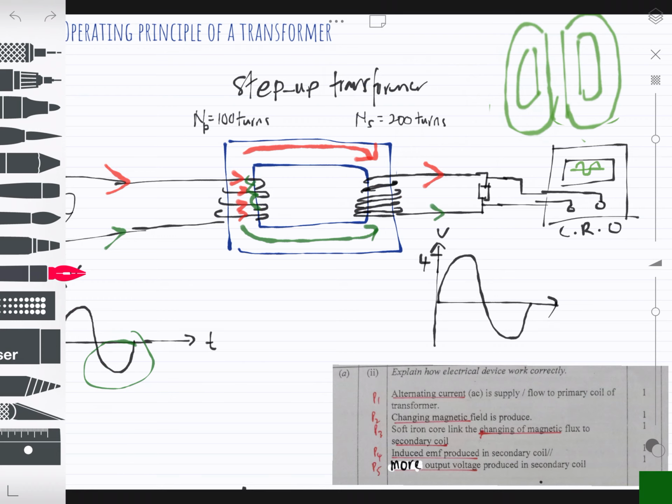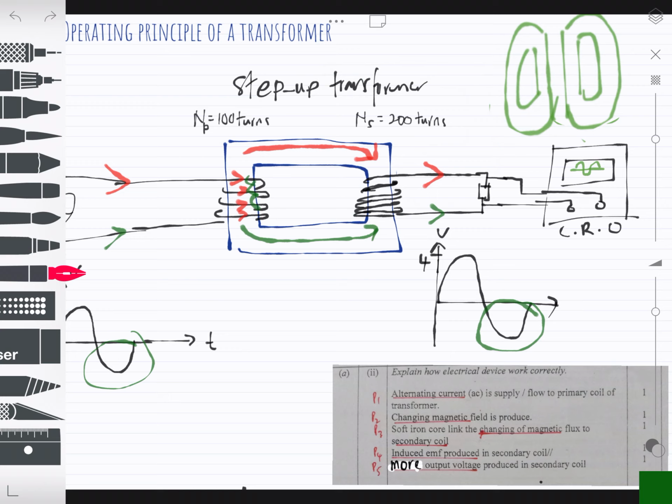So here is the direction of the induced current. So we have the output here, and the output is bigger than the input current because we are using a step-up transformer, and the number of turns in the secondary coil is more than the primary coil. As a result, we have a bigger output.